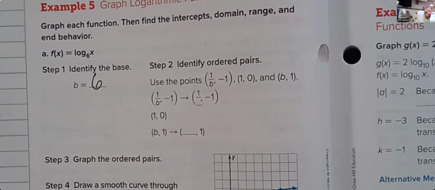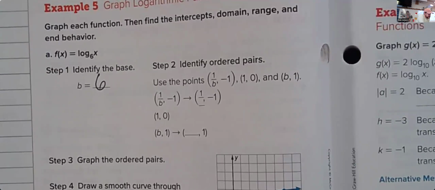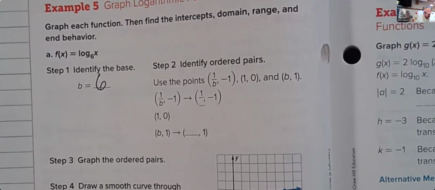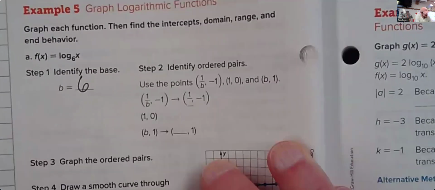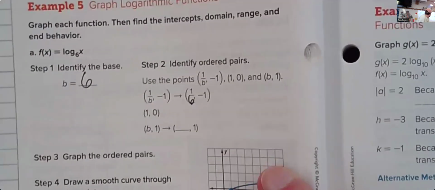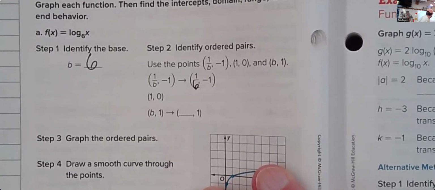All right, so this is a little bit interesting. b is 6, so 1/6 would be -1. So it says use the points 1 over b, -1, then 1, 0, then b, 1.